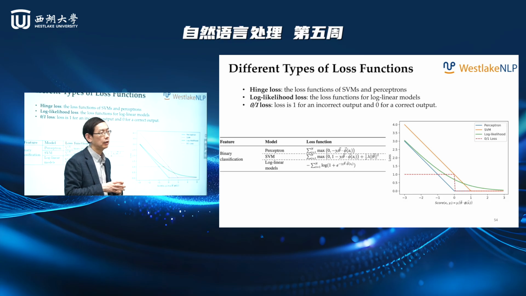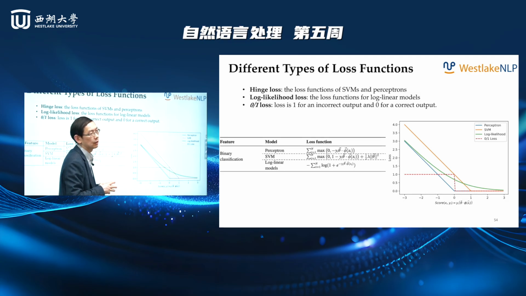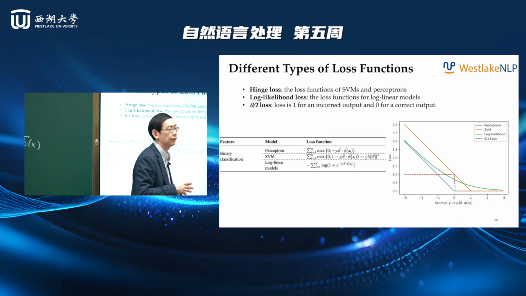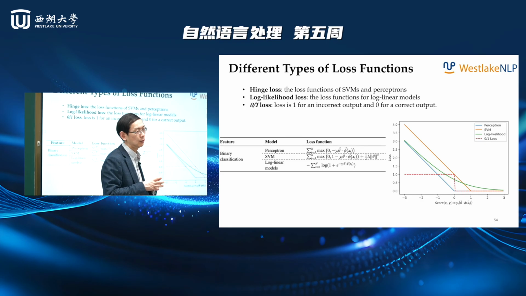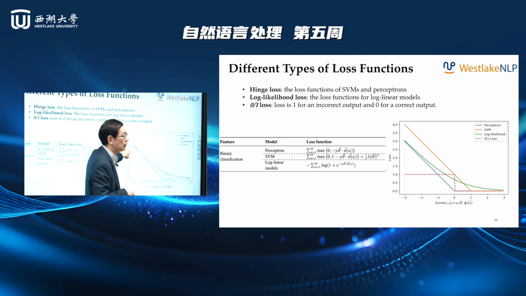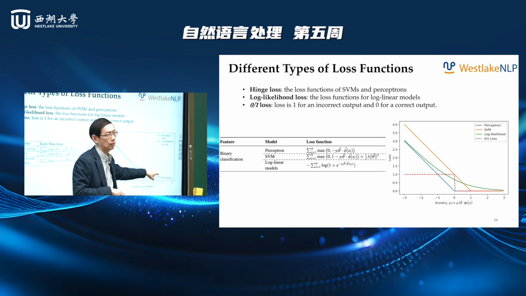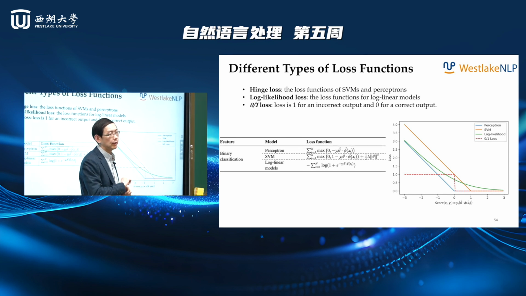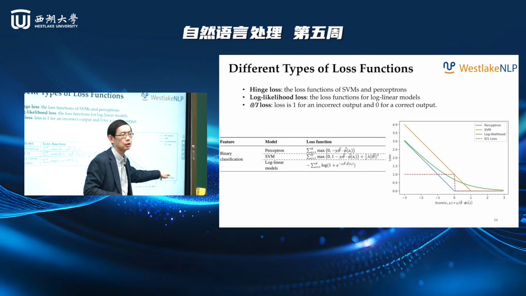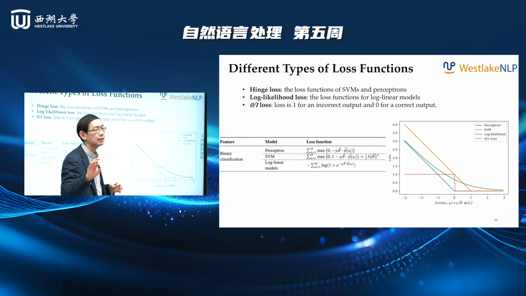Right? For log linear model, the loss is what? The loss is a negative of the sigmoid function, right? Okay, but I take the logarithm, of course. The negative log likelihood. So it's never 0, okay? But the higher this theta dot phi is, the lower this curve is. It tends to 0.